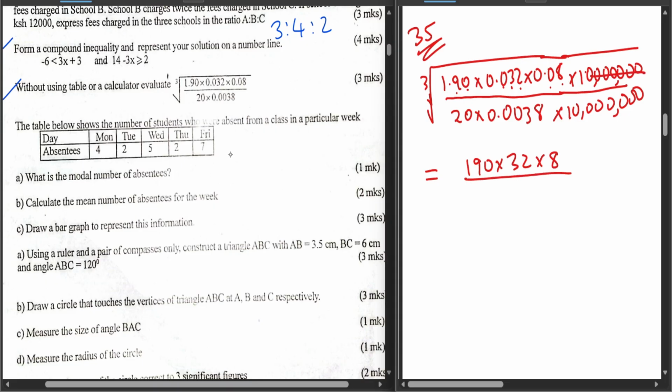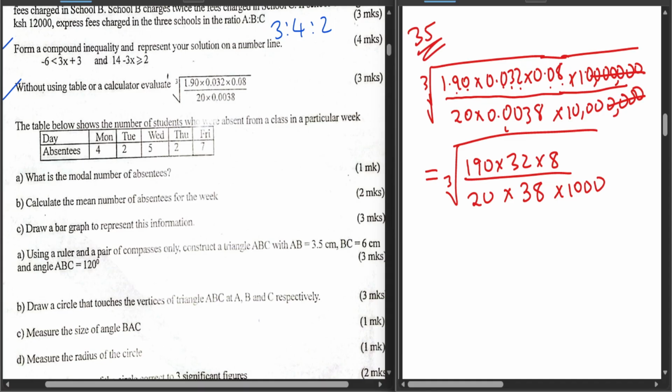For the other one, you remove the decimals and you get 38, and then you'll have 20, obviously, and you remain with 1,000. But remember there's still the cube root.